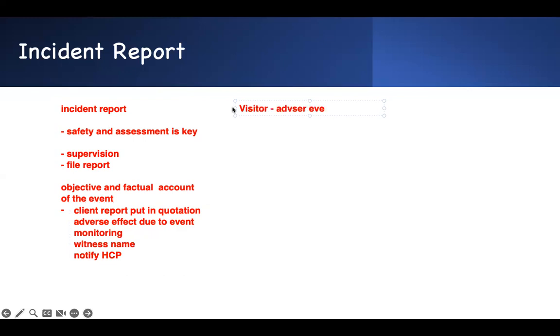Adverse effect to a visitor is also considered an incident report. Like a visitor fell in the hospital, you need an incident report. So visitors are also included in the incident. They fall, they hit their head, they die, something happened to them, they get shocked or something, somebody beat them. You have to write an incident report.